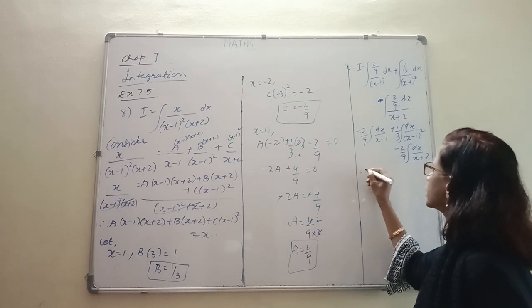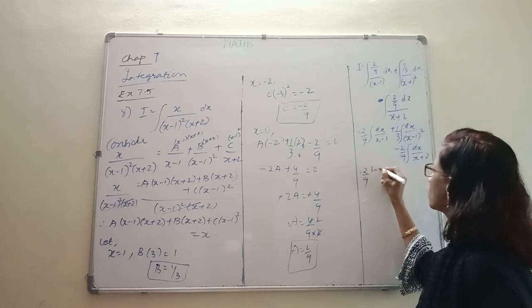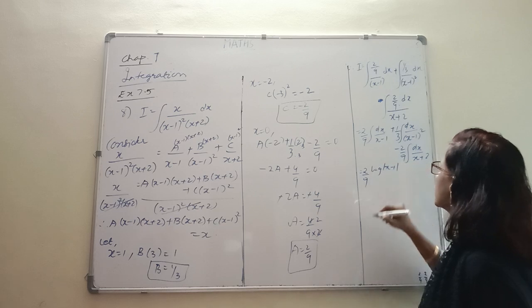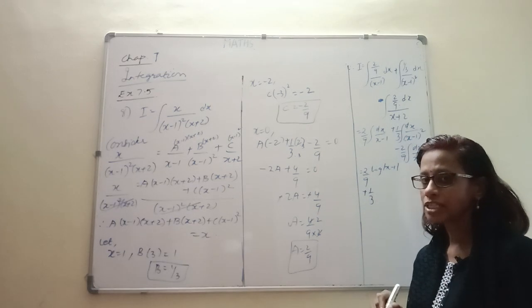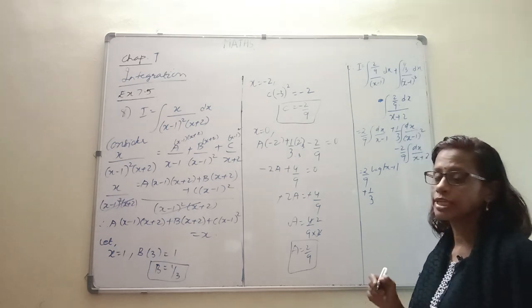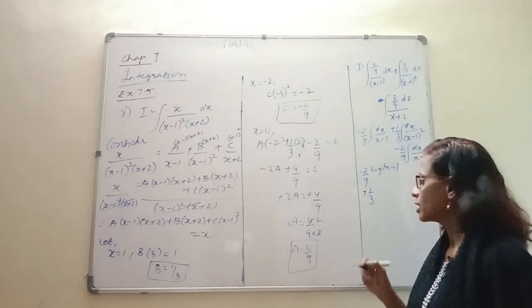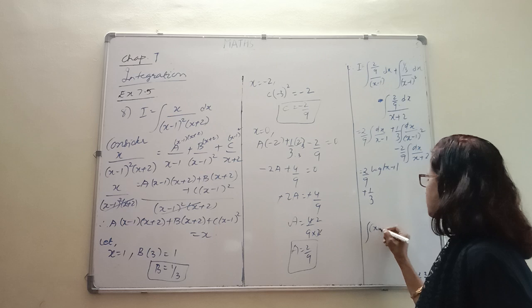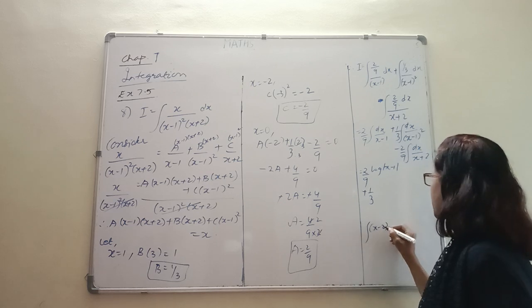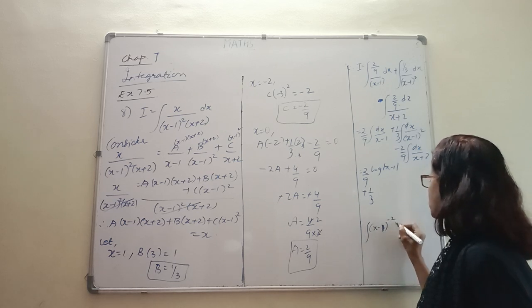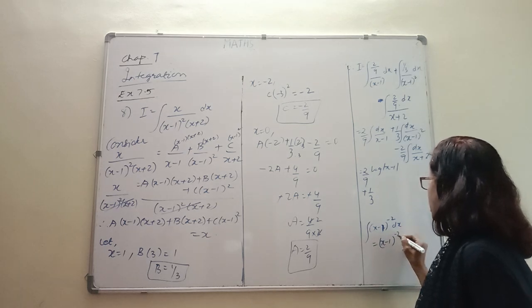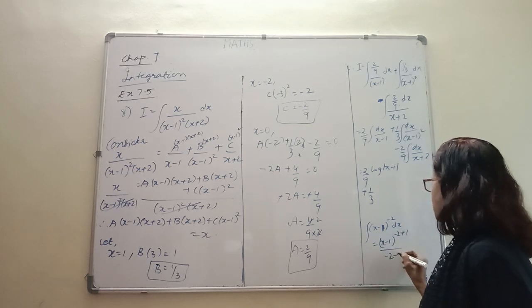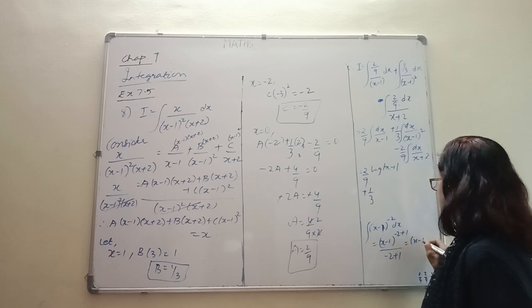So here the integral is 2 over 9 log modulus of x minus 1. Here it is 1 over 3, as I told you, (x minus 1) raised to minus 2. So the integral is going to be minus 2 plus 1, so (x minus 1) raised to minus 1 over minus 1.